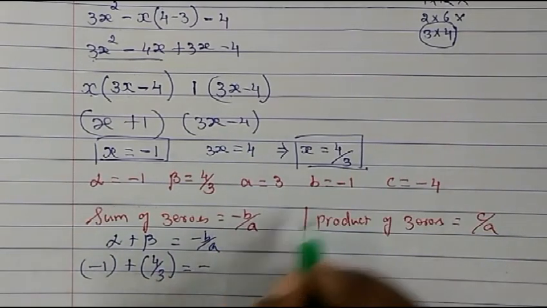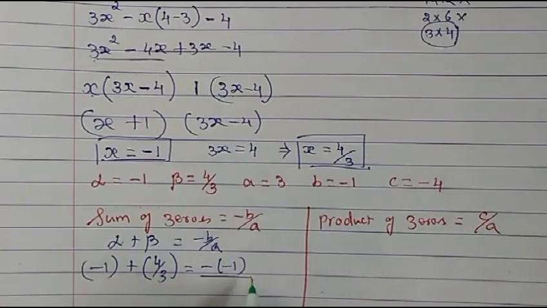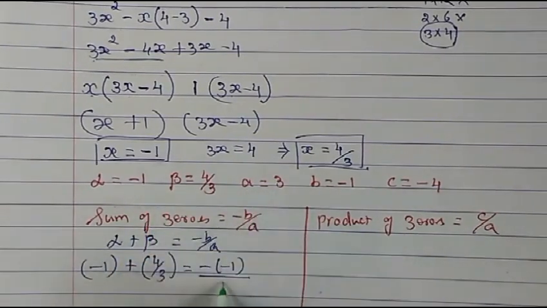Minus B is what? B is minus 1, and A is 3. So now we have minus 1 plus 4 upon 3.